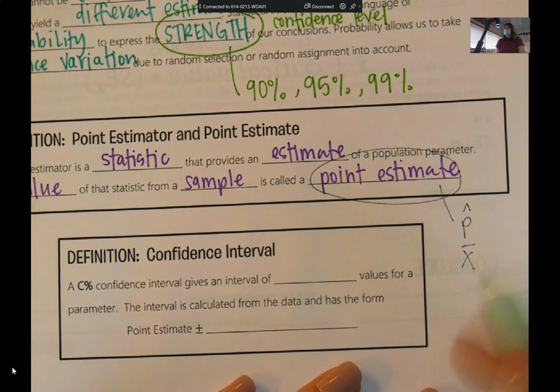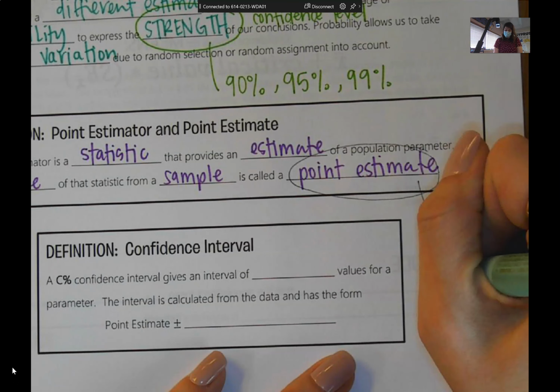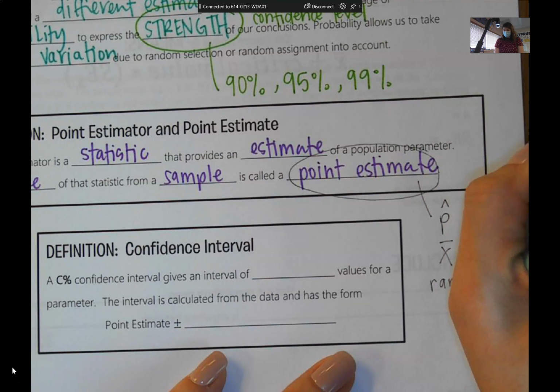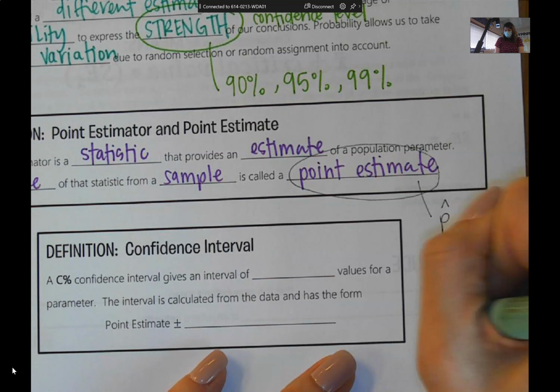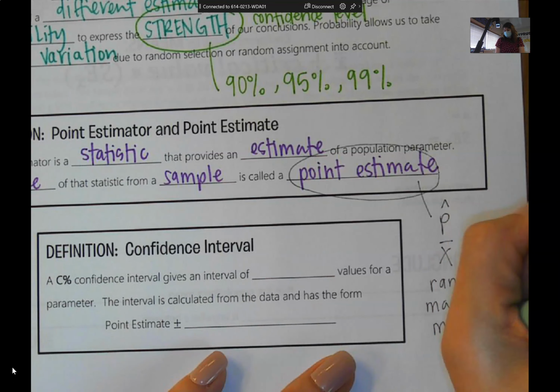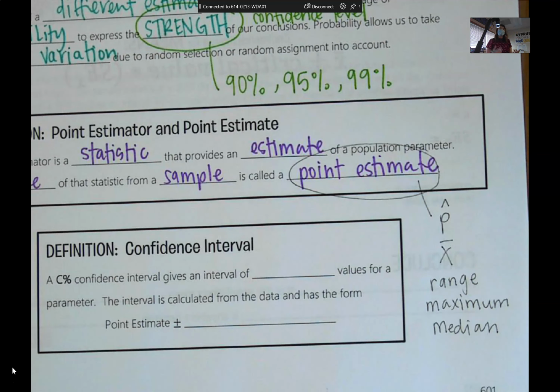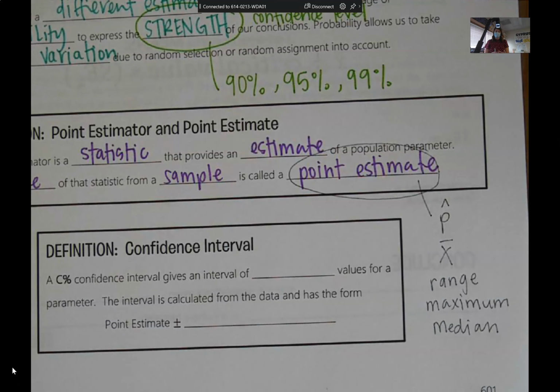So you would look at your sample, and if it asked you to find the median, that would be your point estimate.